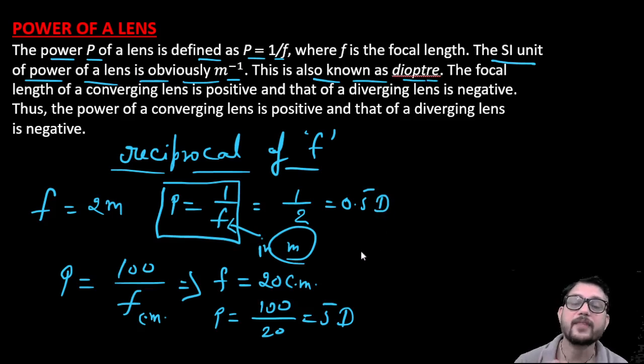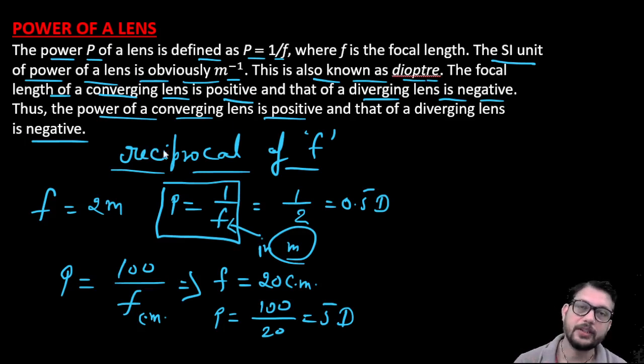D stands for diopter. And as you know, a converging lens has positive focal length and a diverging lens has negative focal length. So the power will be positive or negative depending upon the nature of the lens.